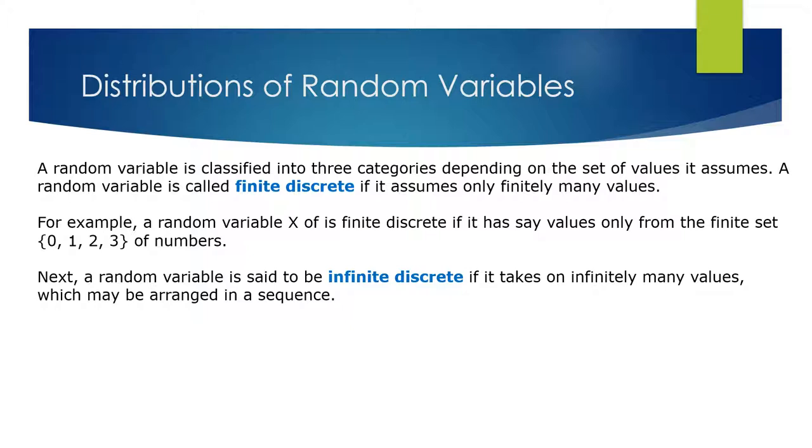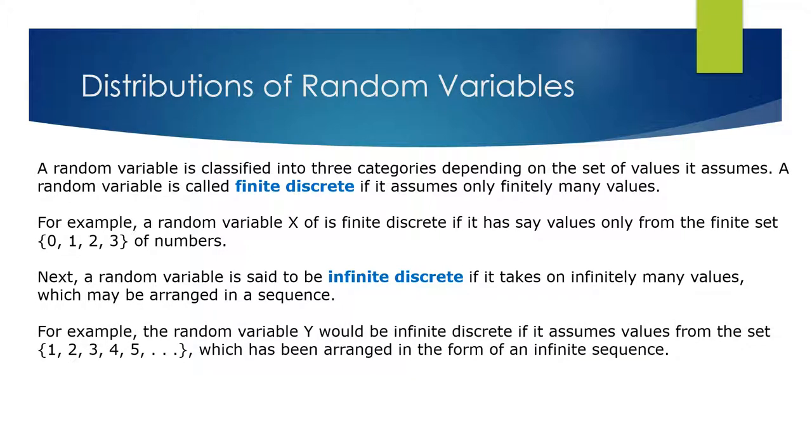Whether it's finite discrete or infinite discrete, your discrete variables are counted. I can count them. So if I had an endless amount of different integers, that would be an infinite sequence and so forth.